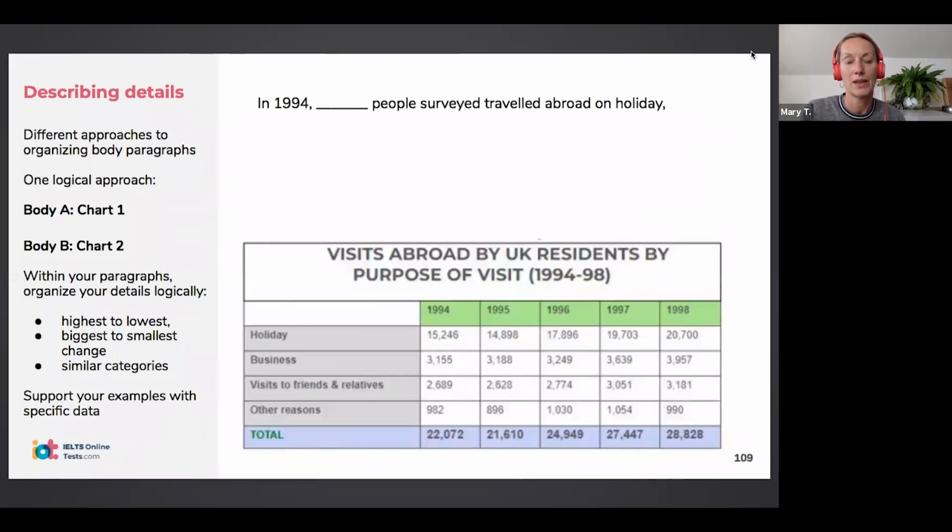Okay, so in 1994, something people surveyed traveled abroad on holiday, so you need a number. I'm giving it to you: 15,246 people surveyed traveled abroad on holiday. So this is what we mean by specific data, so put the actual number in.